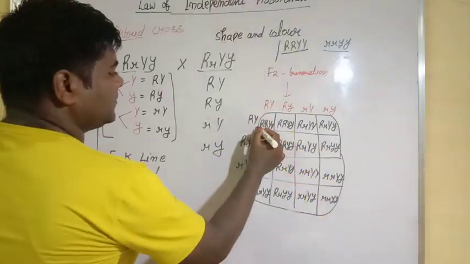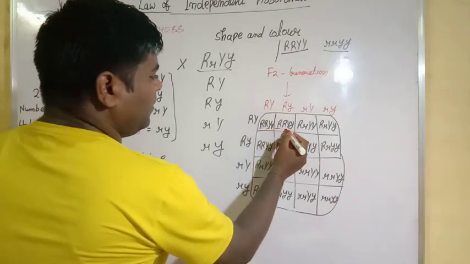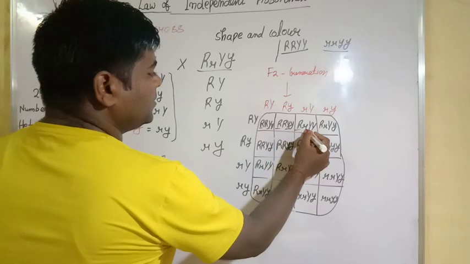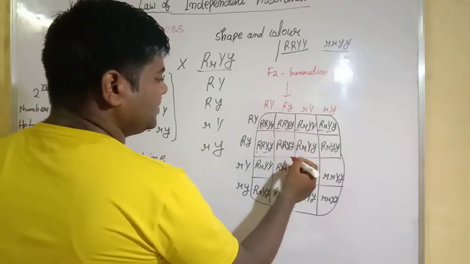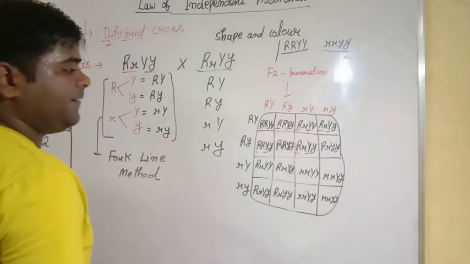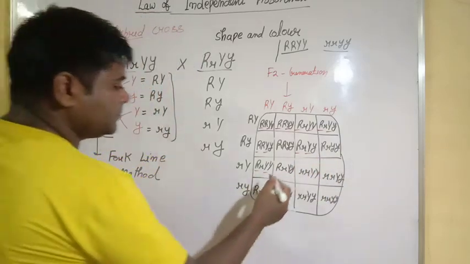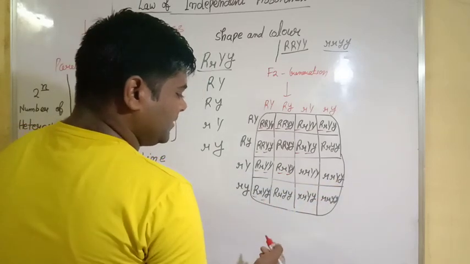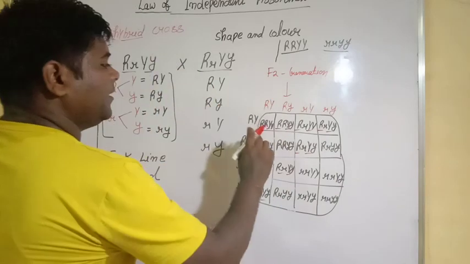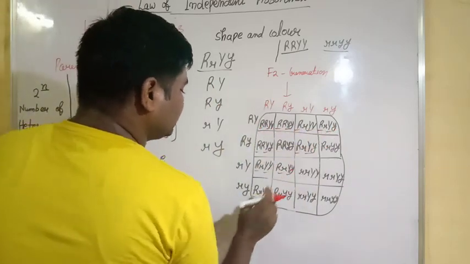See here, both the dominant factors are there. Both the dominant factors, both the dominant factors, and so on. Okay, 1, 2, 3, 4, 5, 6, 7, 8, 9.